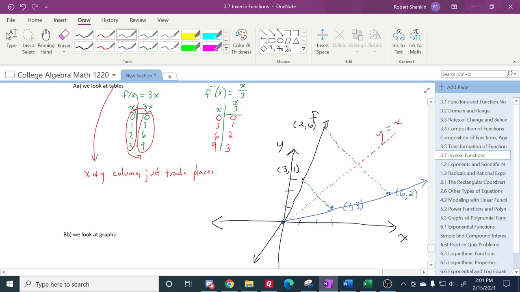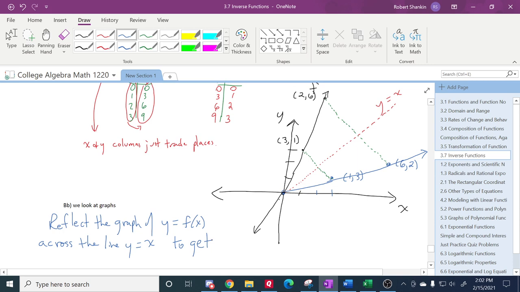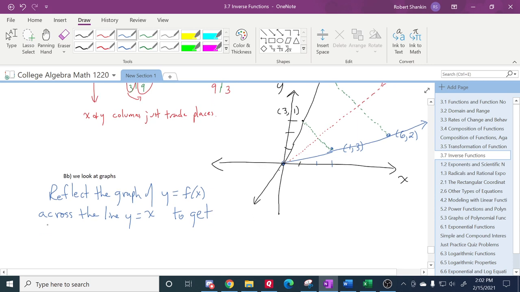So, when we look at graphs, what we say is: reflect the graph of y equals f of x across the line y equals x to get the graph of y equals the inverse function.